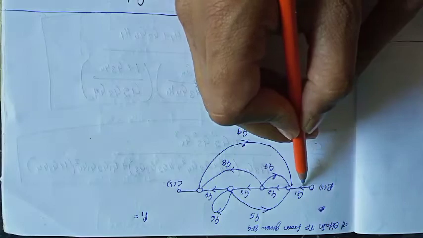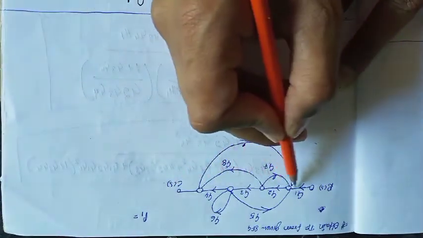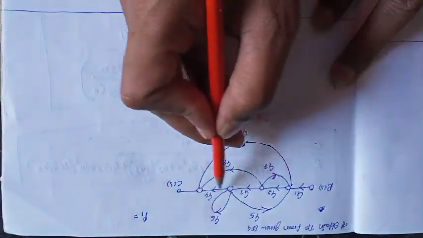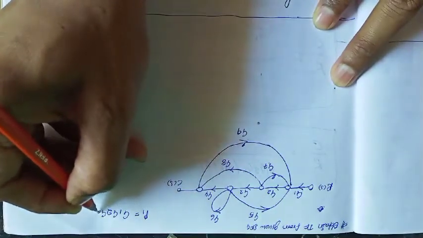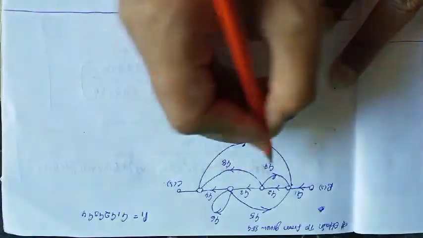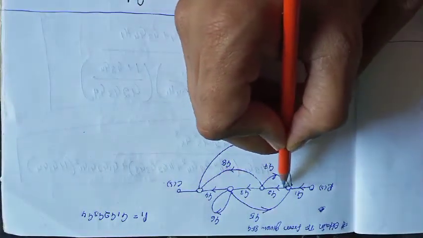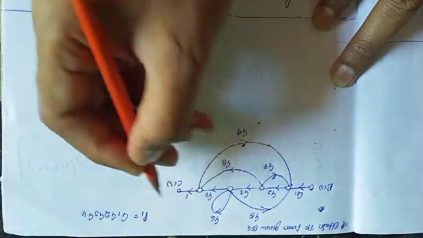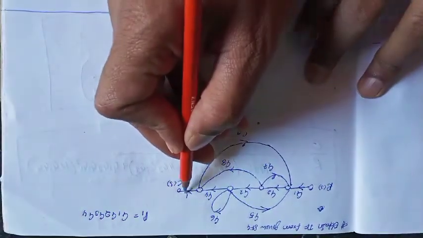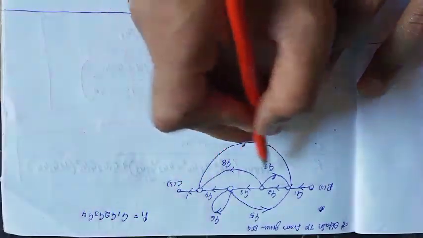Here the first straight path has gain G1 into G2, G3, G4. That is the first forward path. The second forward path, observe here, it is reaching this end. If a gain is not given, you have to take it as 1.